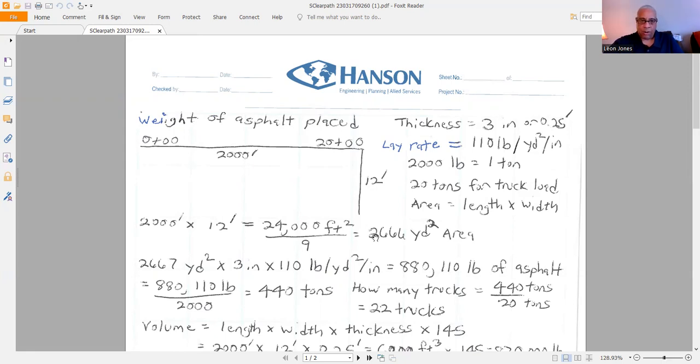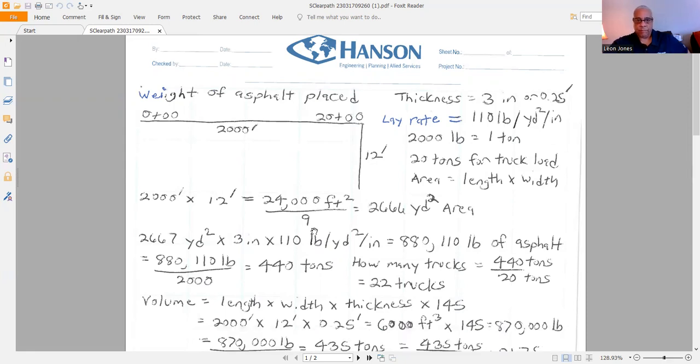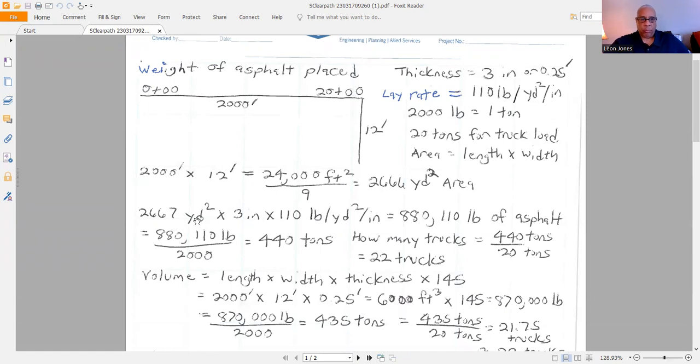That's a square yard area, or 2667. So I then take my area, multiply it by my thickness, which is 3 inches, times 110 pounds per square yard per inch. And what did I come up with?